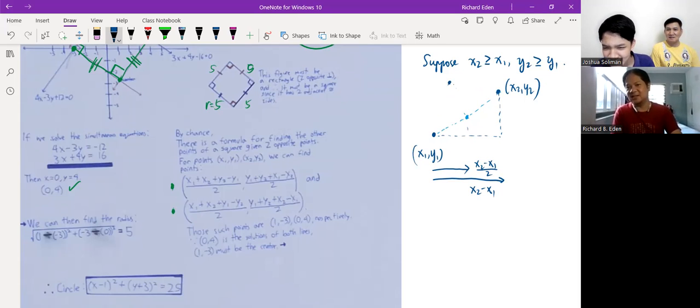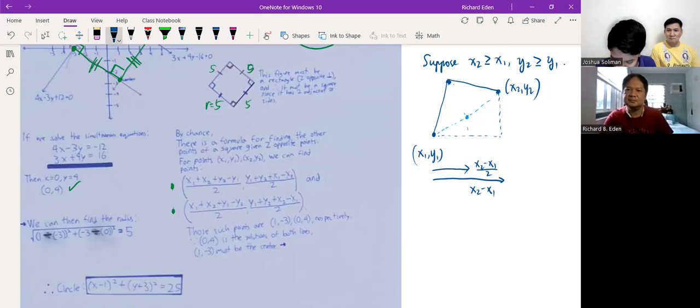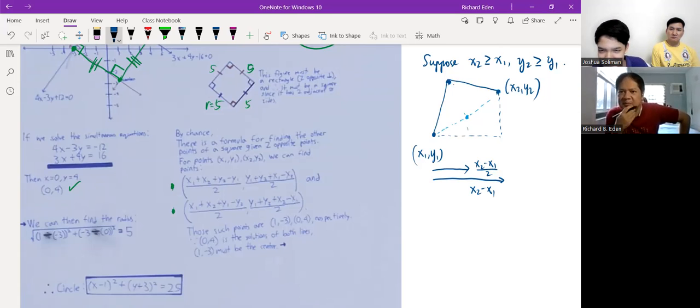Okay, so I think that looks much better. Yeah, I'm trying to figure out. So kasi, hold on.